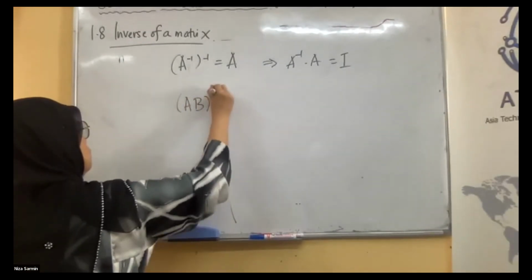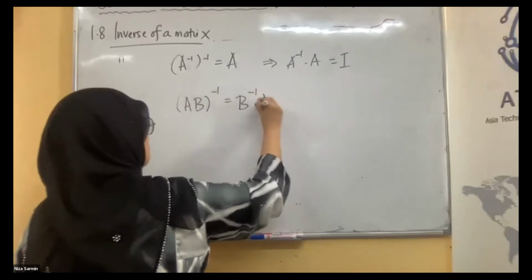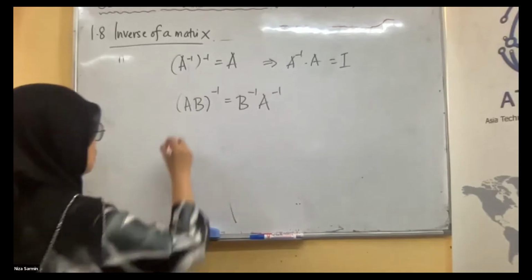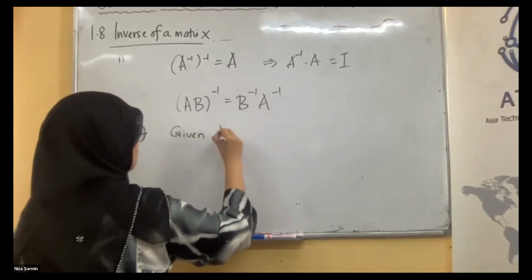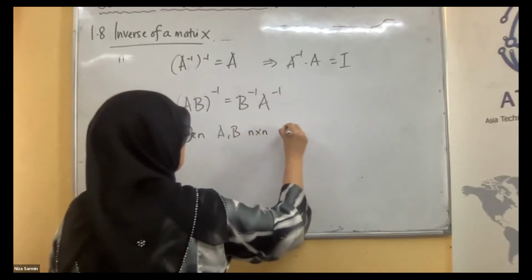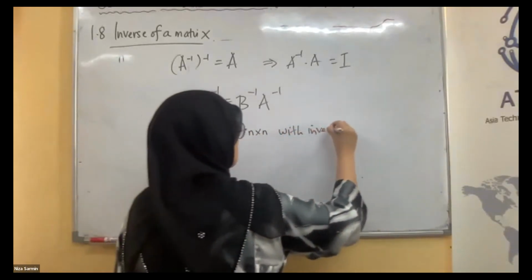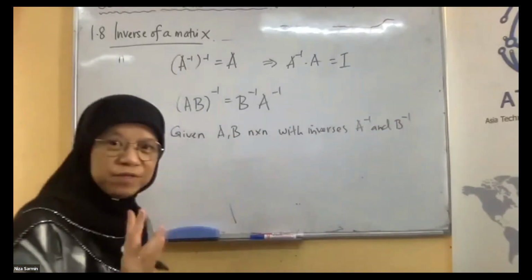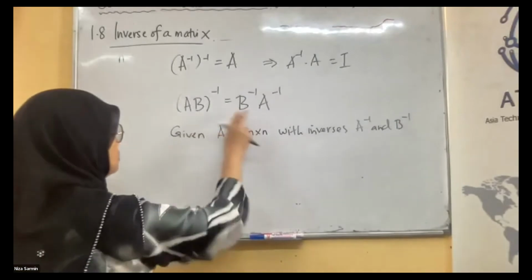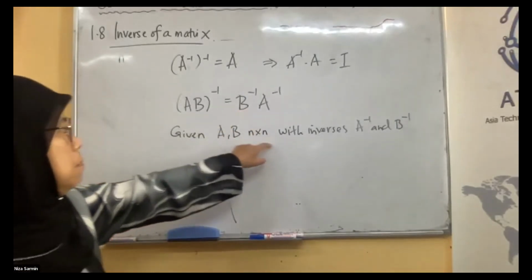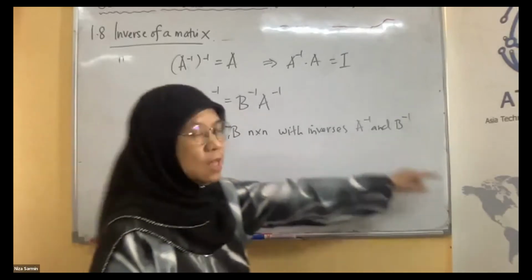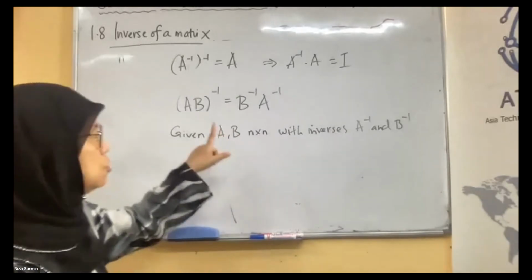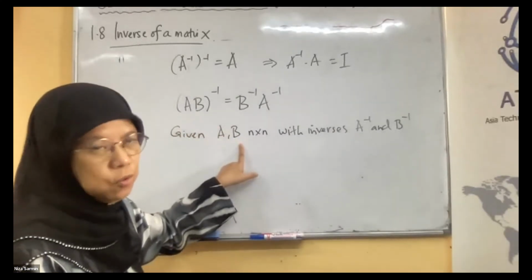(AB) inverse is B inverse A inverse. Given A, B, n by n matrices with inverses A inverse and B inverse. I have to have that statement actually before I write this. So we know determinant of A is not 0, determinant of B is not 0.